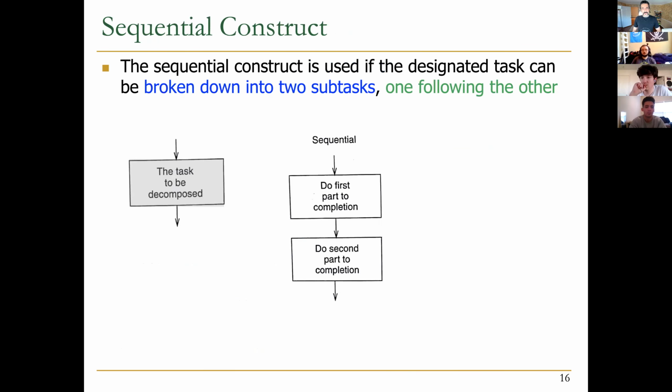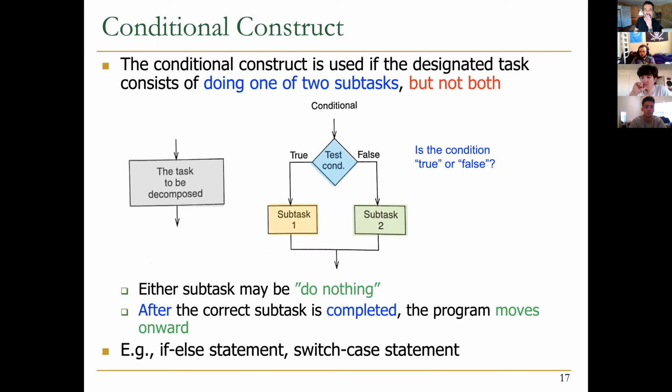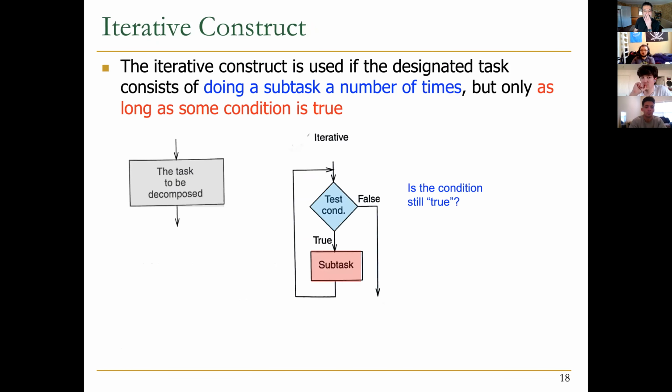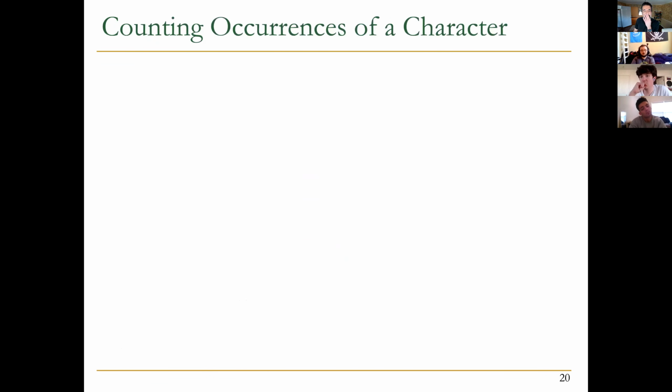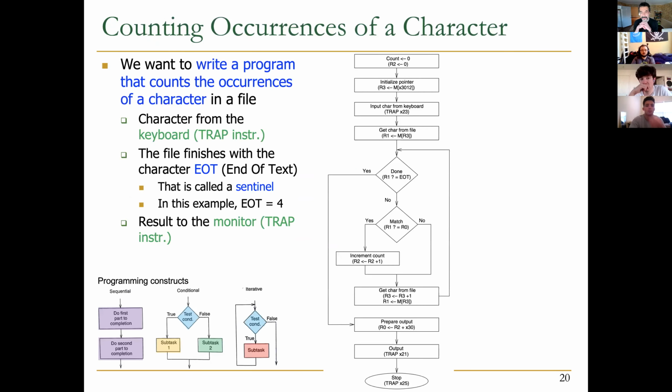And we have an example. We went through it and discussed extensively how each of these constructs was used. This example, which was very simple, counted the occurrences of a character in a file.